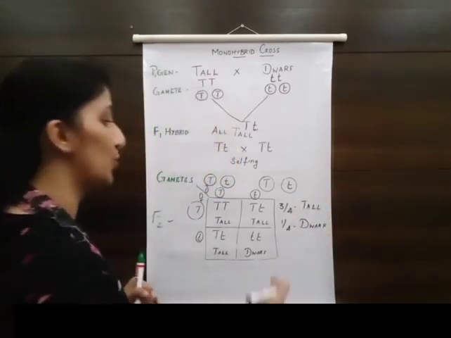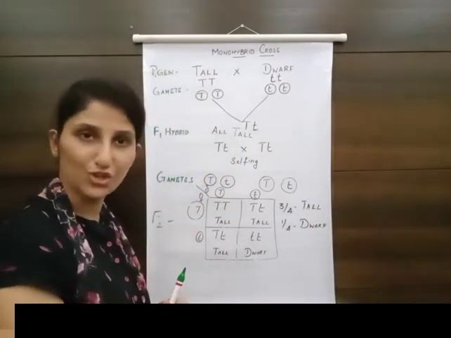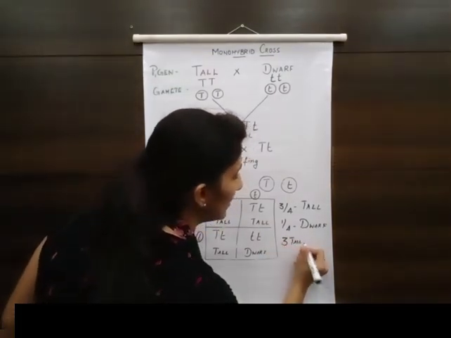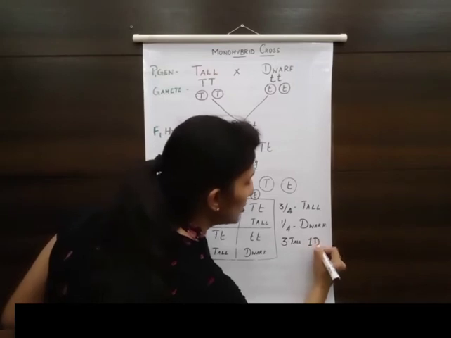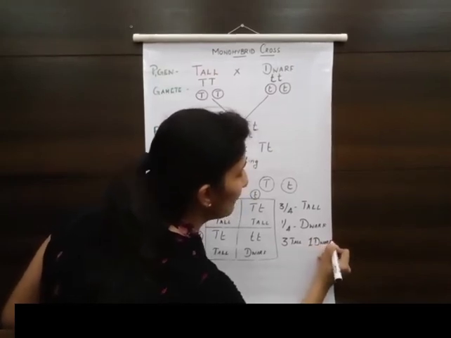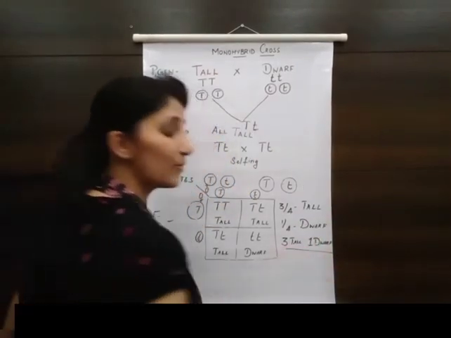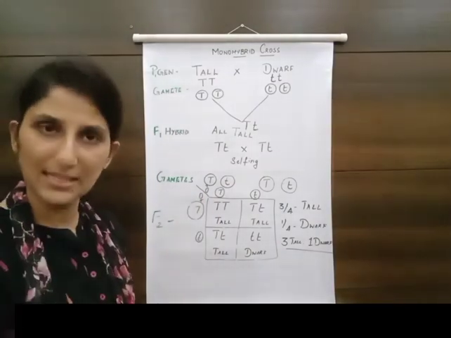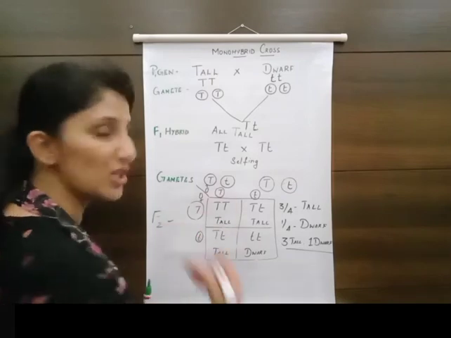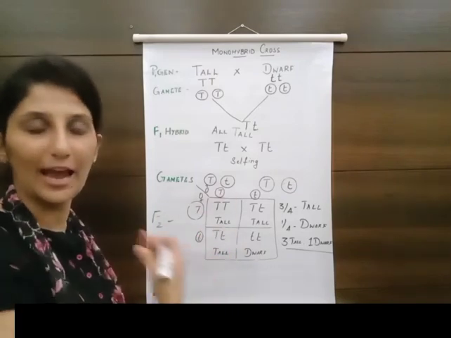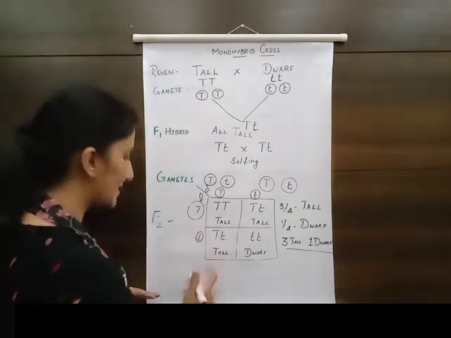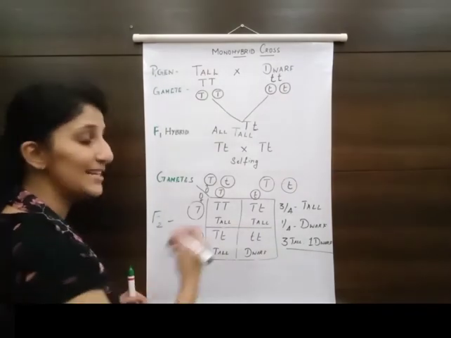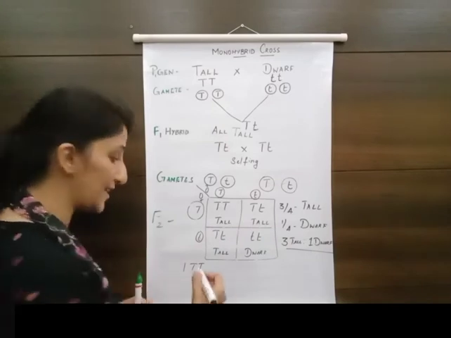So the phenotypic ratio is 3 tall is to 1 dwarf. The phenotypic ratio is 3:1. Now let us consider the genotype. What are the different possible genotypes that we have obtained in this F2 progeny? We can get 1 capital T capital T, and capital T small t is a heterozygous condition.